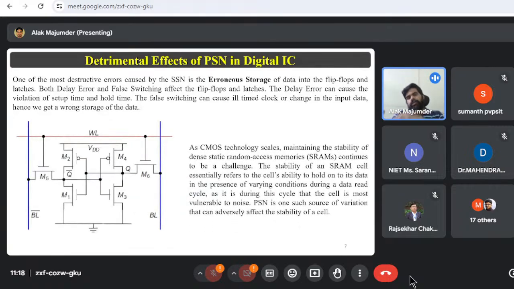This has a huge impact on the memory cell also. This architecture is nothing but a basic SRAM cell, or static random access memory.